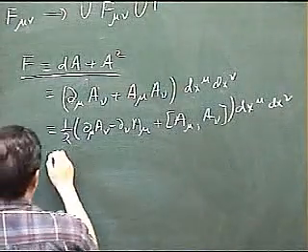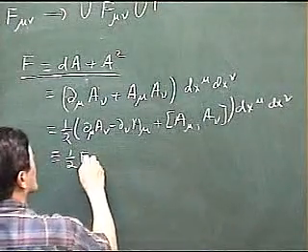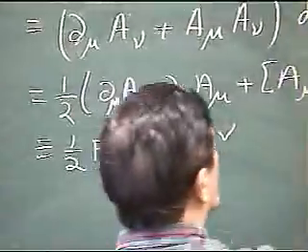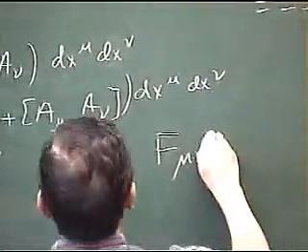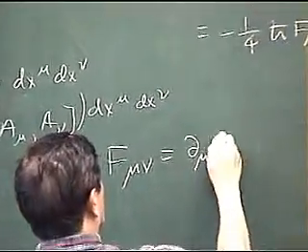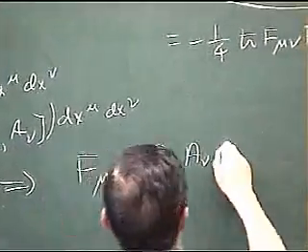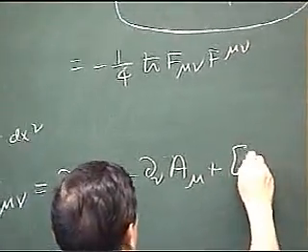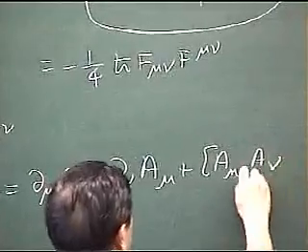So from here, since this is supposed to be equal to 1/2 F mu nu dx mu dx nu, this means that F mu nu is equal to d mu A nu minus d nu A mu plus the commutator of A mu and A nu.